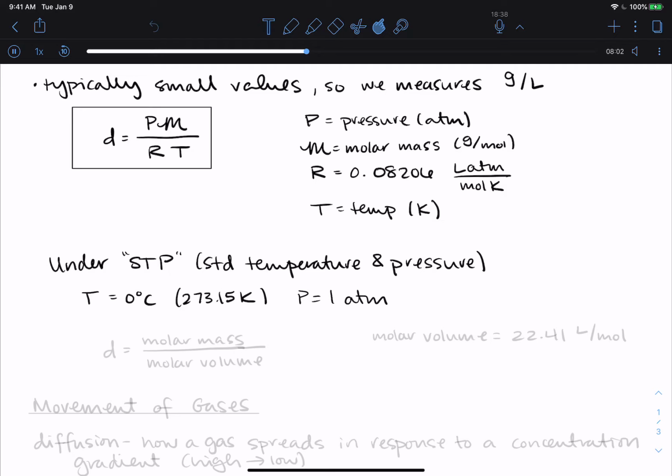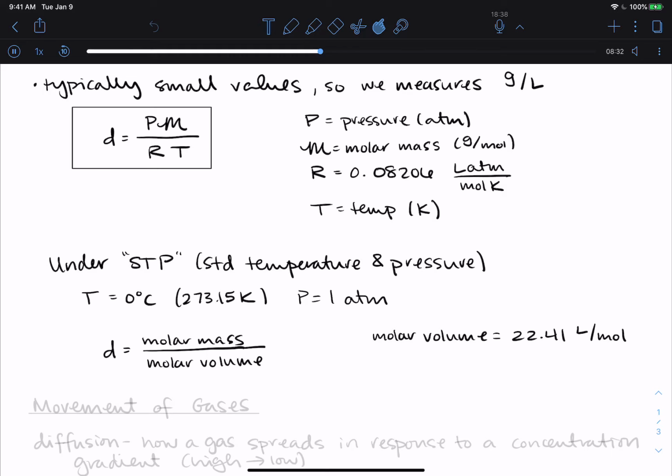In this case, the density is equal to the molar mass, which we can get from the periodic table, divided by the molar volume. And the molar volume is 22.41 liters per mole.